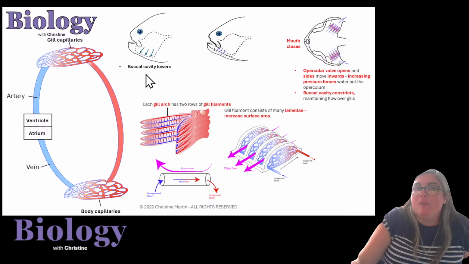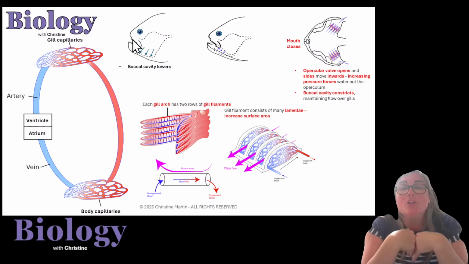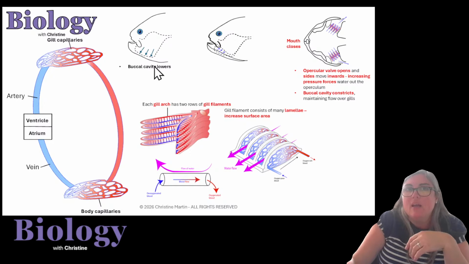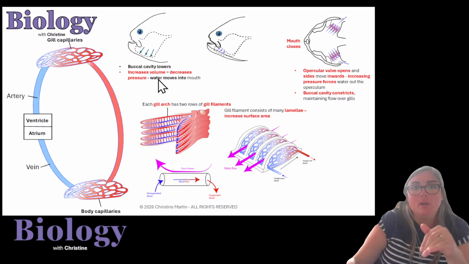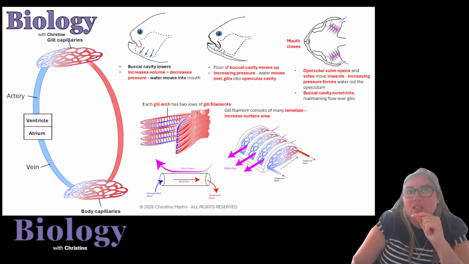If we're talking about moving water in through the fish, we need to talk about our buccal cavity. And the buccal cavity will lower, increasing the volume, decreasing the pressure. Water moves into the mouth.